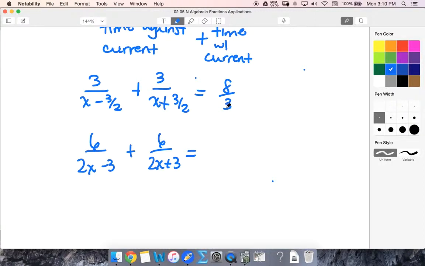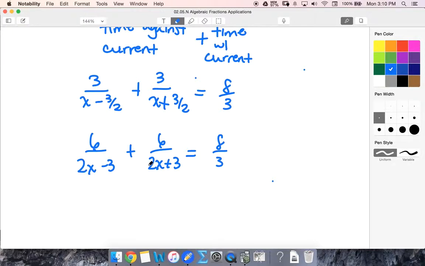Here I can't do anything. I can't multiply top bottom by 2 because that's still, or by 3 because that still leaves me fractions. So I've still got 8/3, but at least I got rid of the fraction in the fraction here. Set up my common denominator.